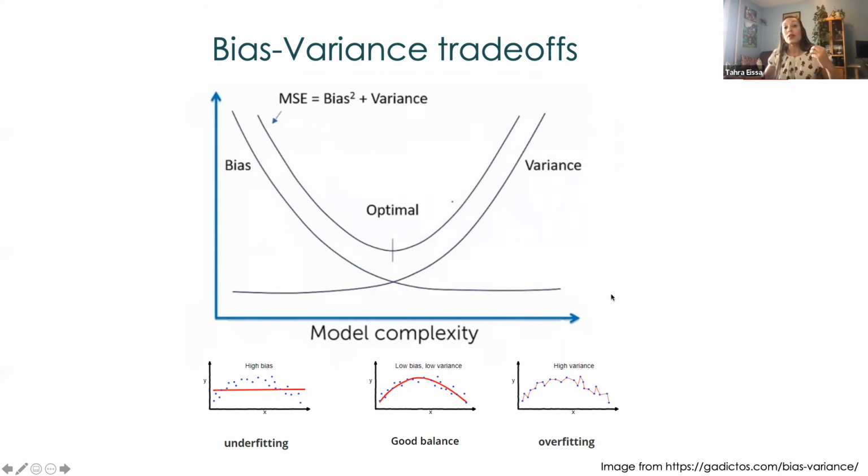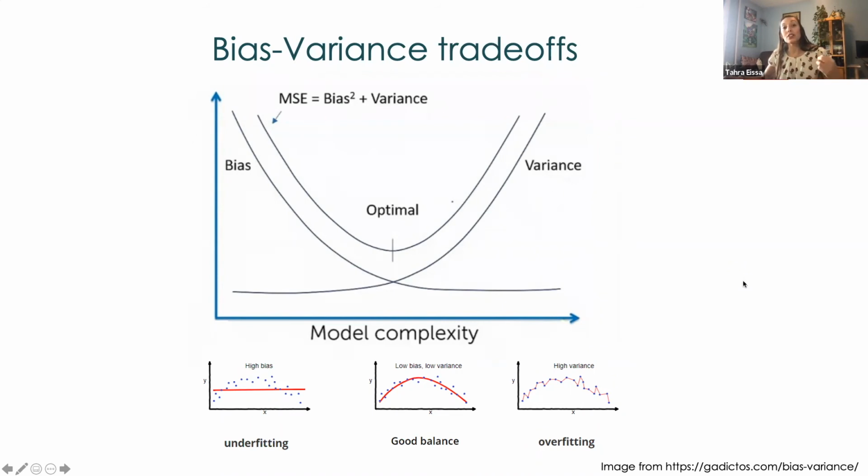But this particular description of bias-variance trade-offs assumes that for a given model complexity, you are using the optimal version for that complexity, right? You're using the best model at that complexity, which may or may not actually be the case.